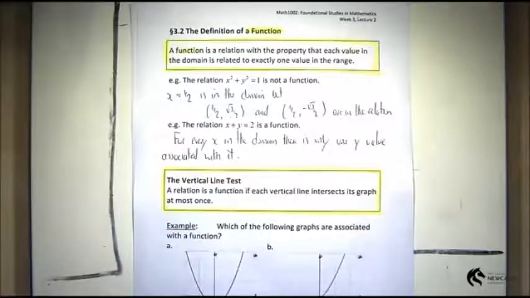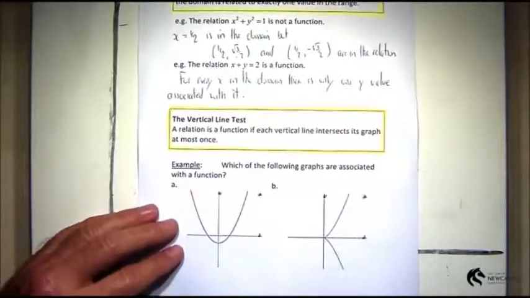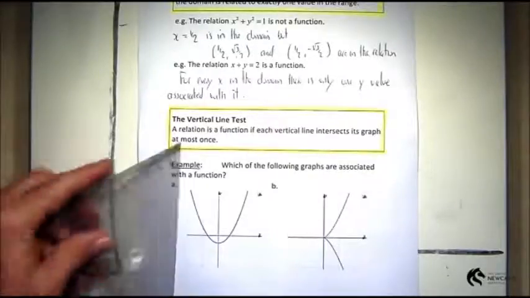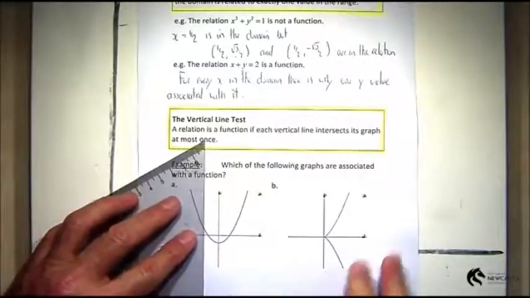And so down here I've got a number of graphs. It says which of the following graphs are associated with a function. So this graph here, I start drawing vertical lines and I can see, let me just draw that one for example.